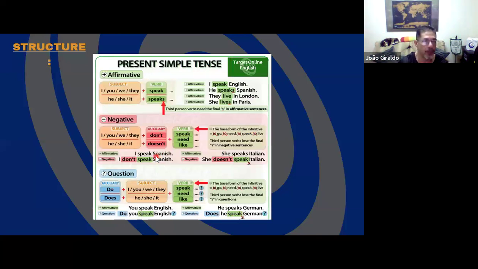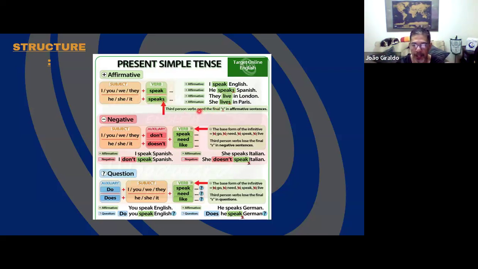Here is the structure, the same material of last class, just to show you the difference that in he, she, and it, I have a verb variation, okay, only in affirmative. And what is this verb variation? I add S, ES, or IES to the verb depending on the situation, only in affirmative.